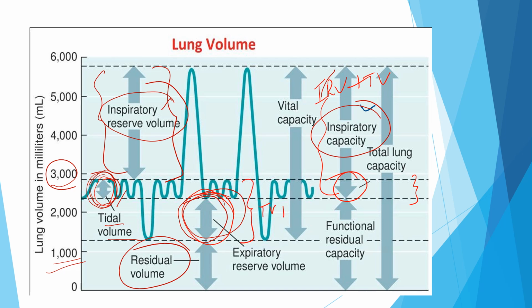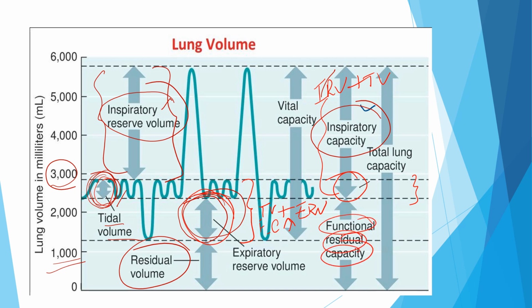The expiratory reserve volume plus the tidal volume is equal to the expiratory capacity. Is it clear? This is not pointed out here, but expiratory capacity is equal to tidal volume plus expiratory reserve volume.